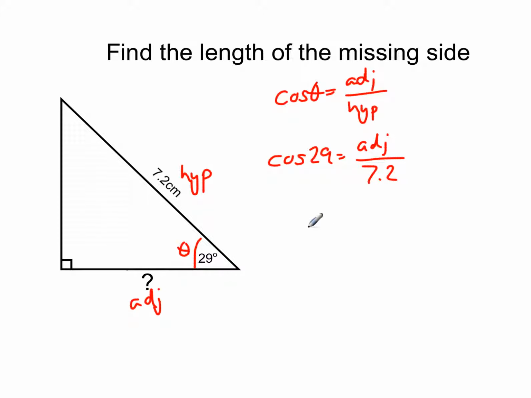And now we can solve. Multiply both sides by 7.2, and we get 7.2 times the cosine of 29 is equal to the adjacent side. Punch this into your calculator, and you will get 6.297.